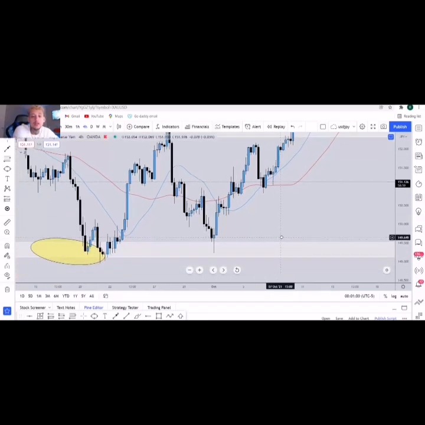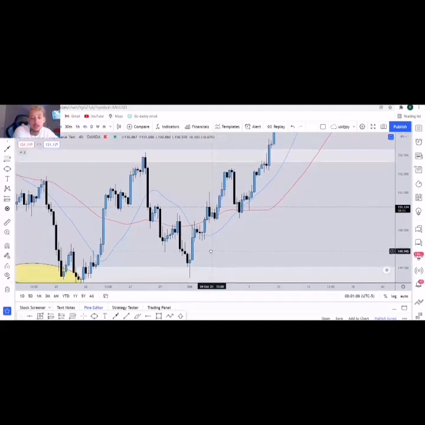We know that this zone right here is our level of supply. We know that we have a bullish engulfing on the daily. Based off that bullish engulfing on the daily time frame, we're starting to look to combine everything together. So what do we have on the daily? We have a big rejection of support and a bullish engulfing. That is an indication to look for a buy.